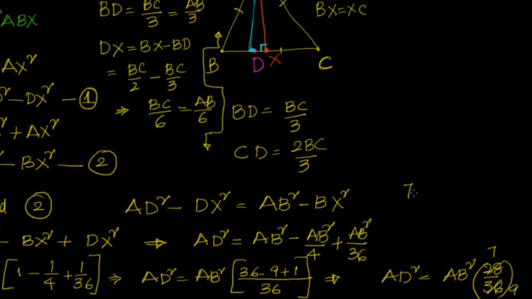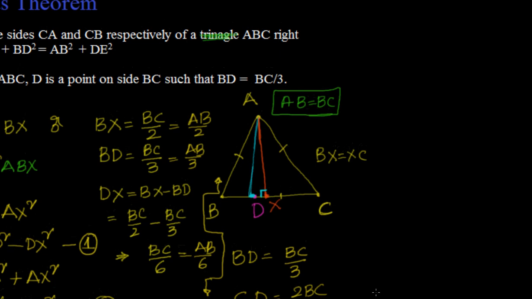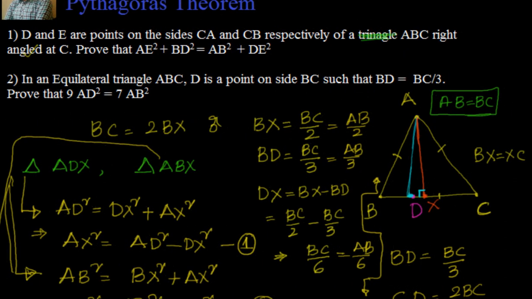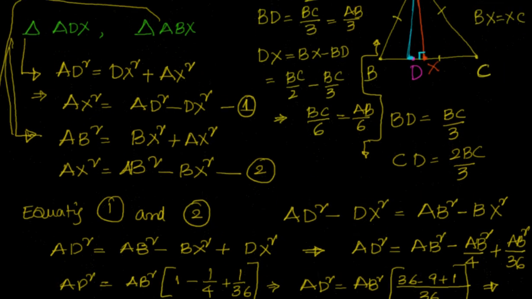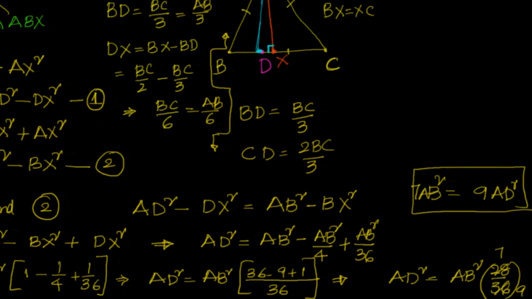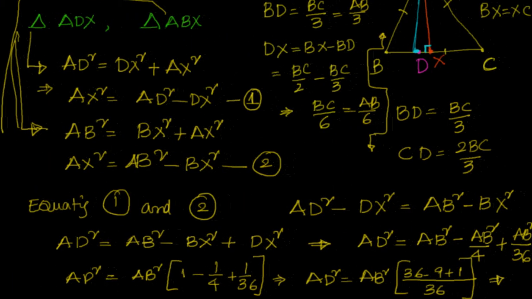That will give me 7 AB square equals 9 into AD square. And this is what we have to prove. We have to prove 9 AD square equals 7 AB square. That's what we got, let me just check that, 9 AD square equals 7 AB square.